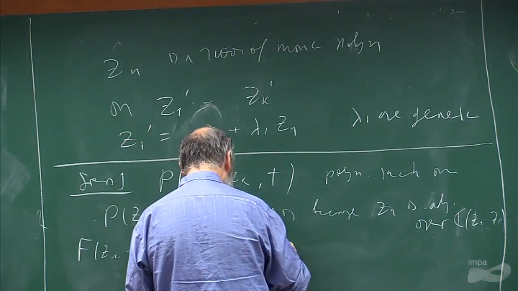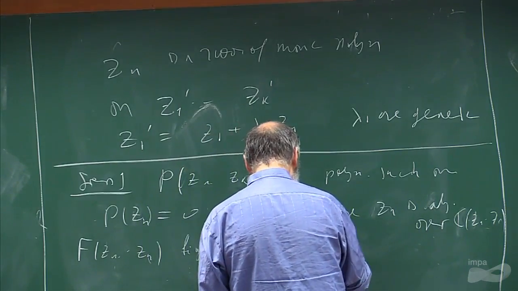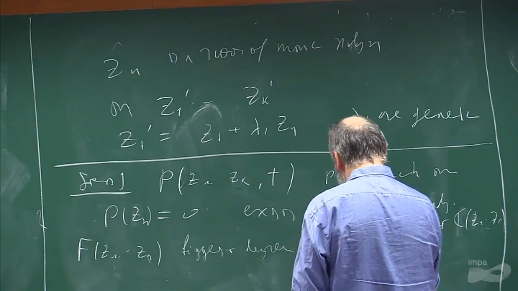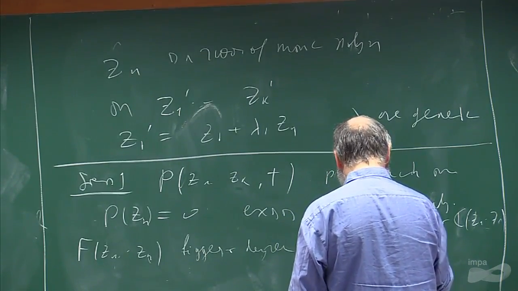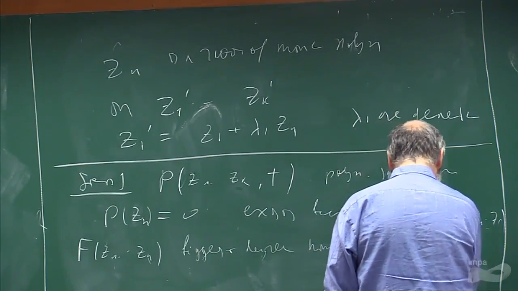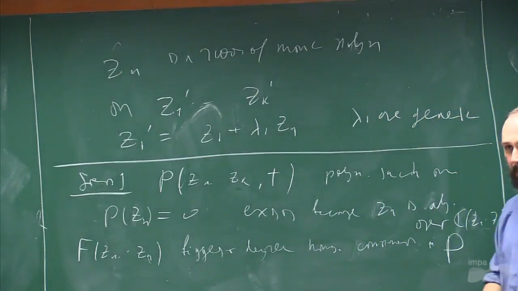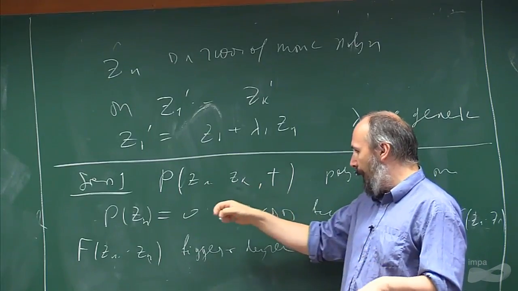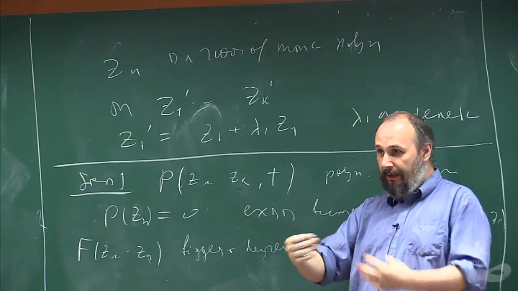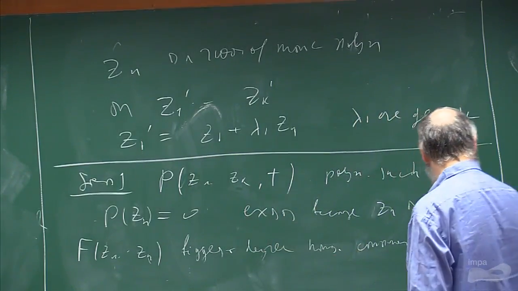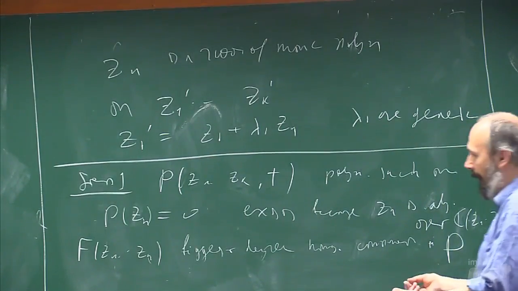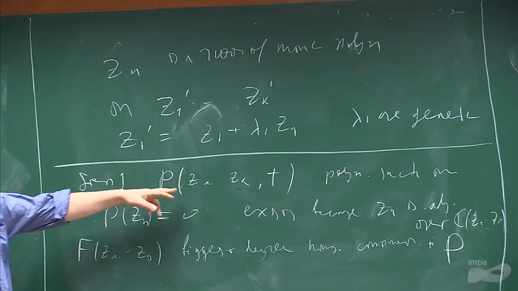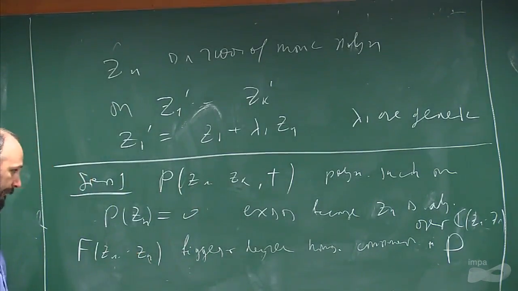So let f of z1 through zn be the highest degree homogeneous polynomial component in P. Of course, we can think of this polynomial as a polynomial in one variable, where the rest of the variables sit in OX. On the other hand, we can represent it by a polynomial on all variables, from z1 to zk and then zn.